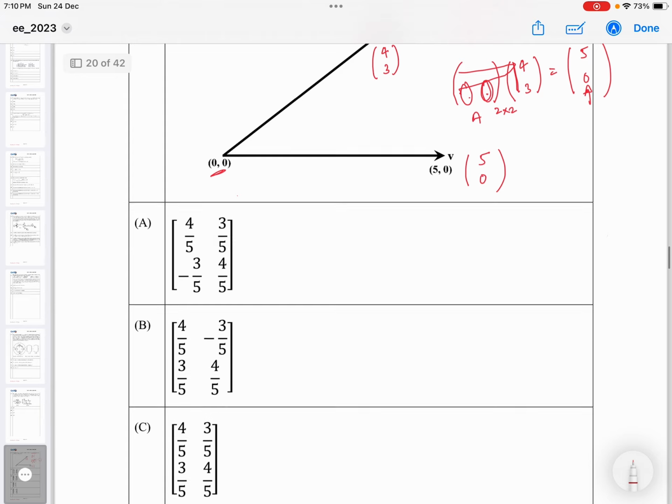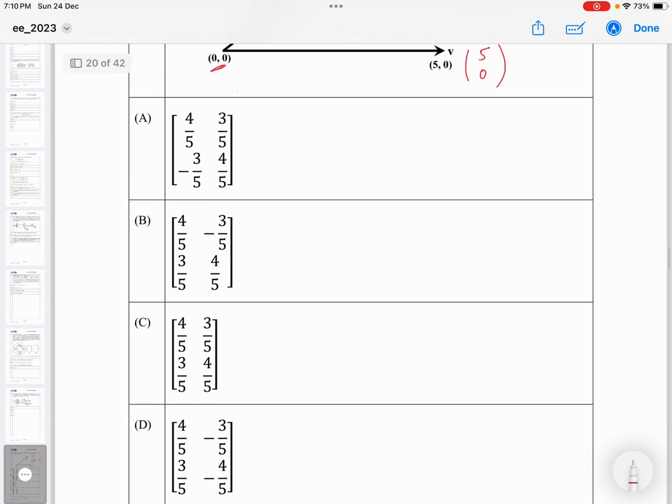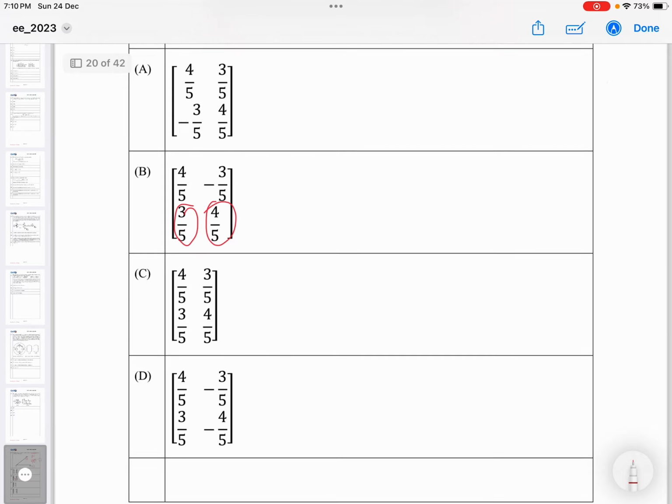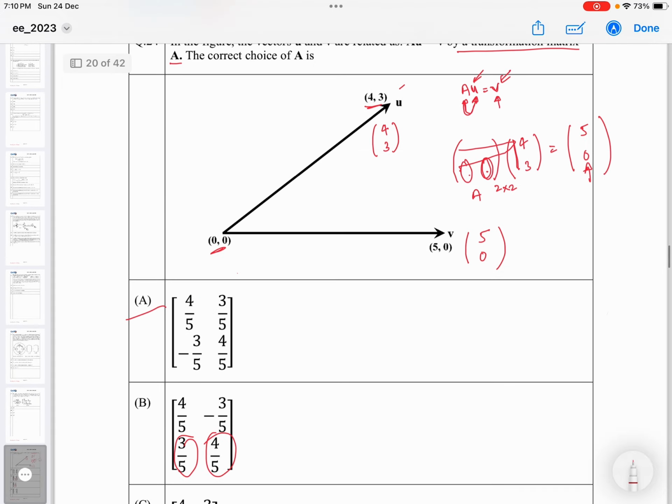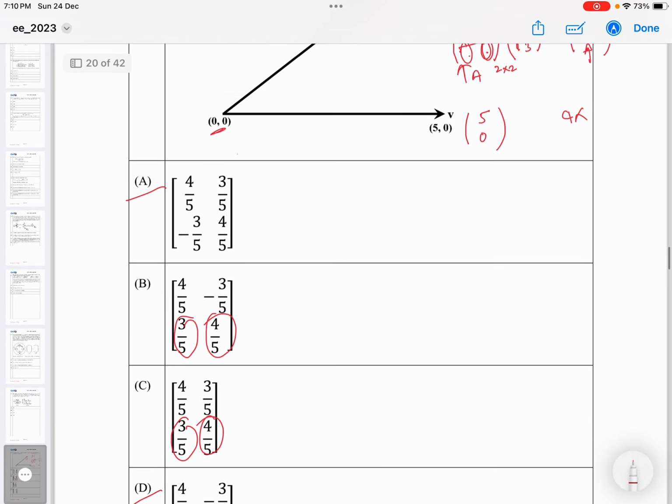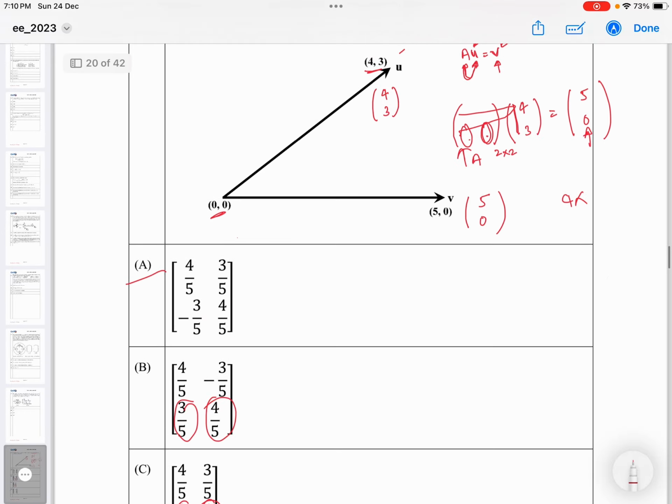If you look at the options, then you can neglect these ones because these two are not, and this one is not going to be. So it is A and D, right? Because if you do the multiplication, it would be 4 times some number, so 4 times some 3 by 5, you can do that, right?